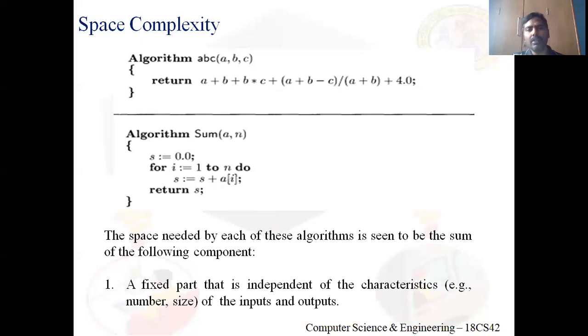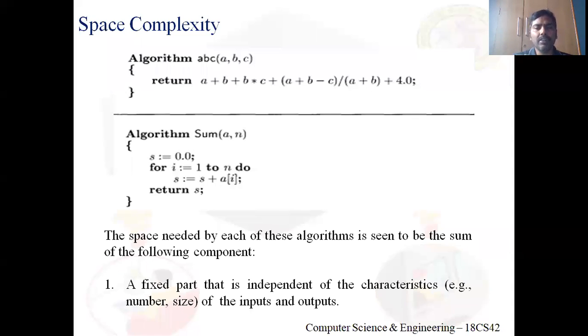Let me say 1 unit of memory is required for one variable. Since each requires 1 unit of memory, these three variables require 3 units of memory in total. Apart from these three variables, I can see there's a constant 4.